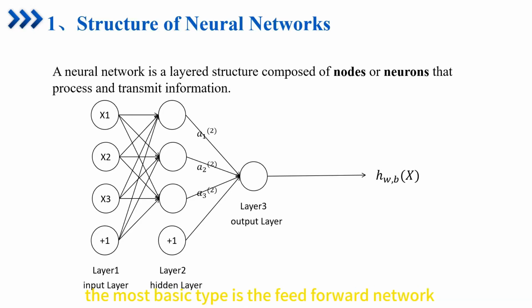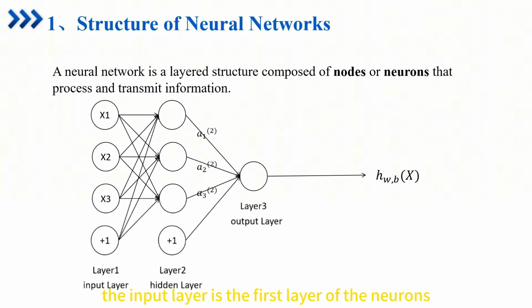The most basic type is the feed-forward network, which has an input layer, one or more hidden layers, and an output layer. A neural network is a computer model made up of many neurons. It has three main parts: an input layer, one or more hidden layers, and an output layer.